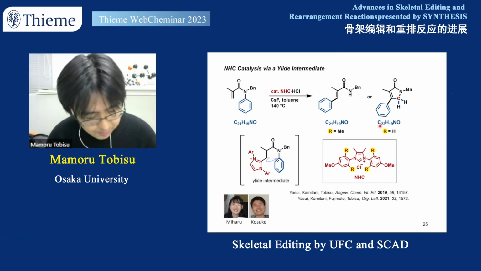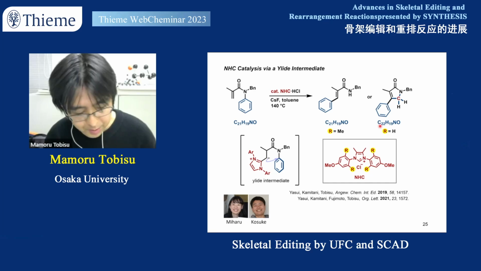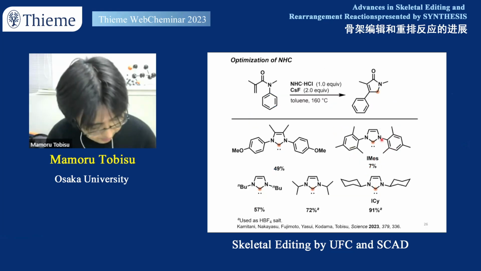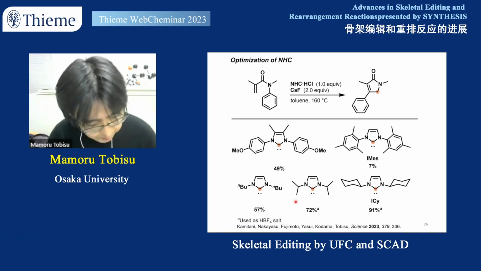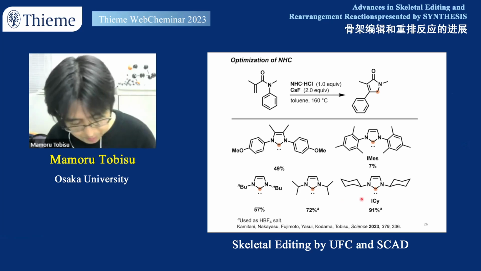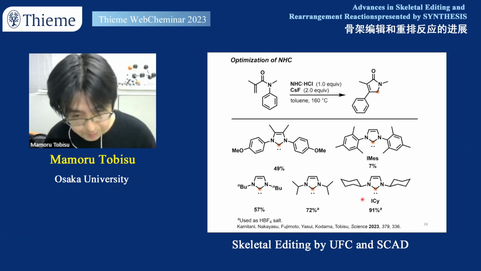And to optimize the yield of the gamma-lactam, we next examined several NHCs using one equivalent of them. And as you can see, the alkyl substituted NHCs were found to work better. And finally, we identified that the cyclohexyl substituted NHC gave the SCAD product in the highest yield of 91%.